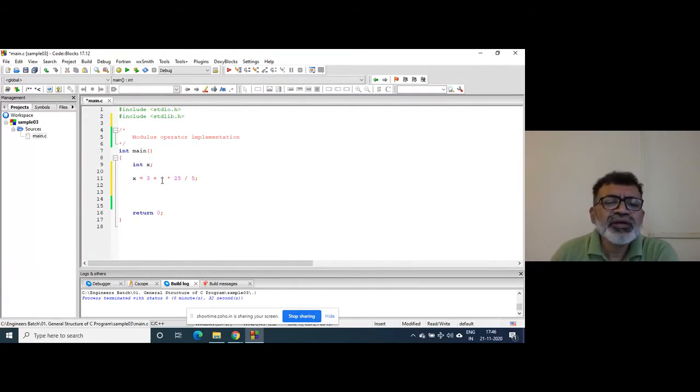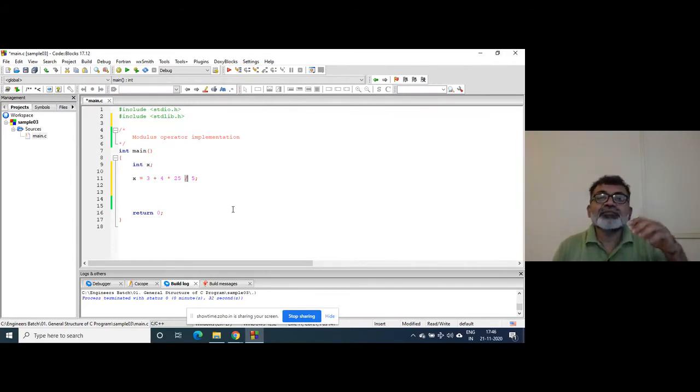But in C language, since multiple operators are there, the compiler sees out of these three operators, plus, multiplication and division, which has the highest precedence. So highest precedence is for multiplication and division, and they have the same precedence.